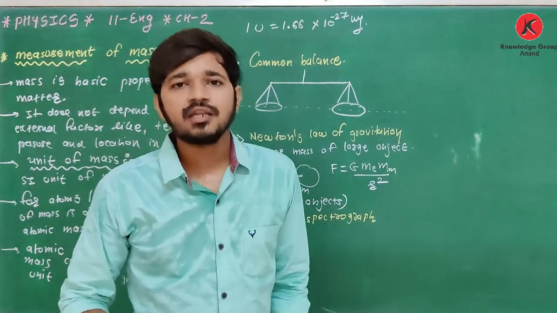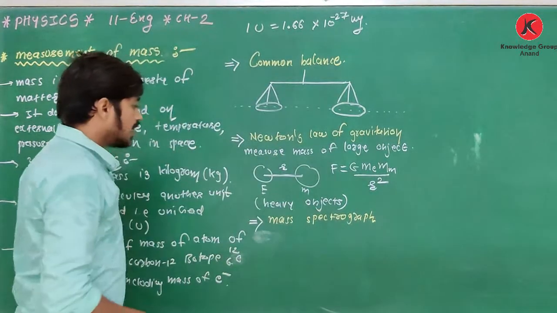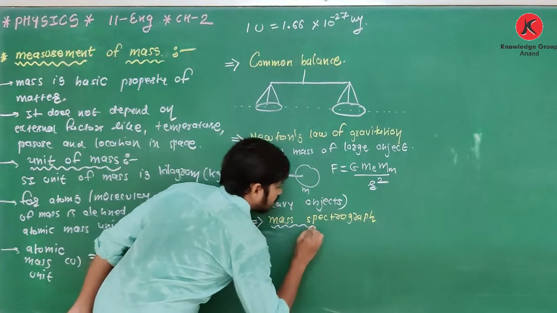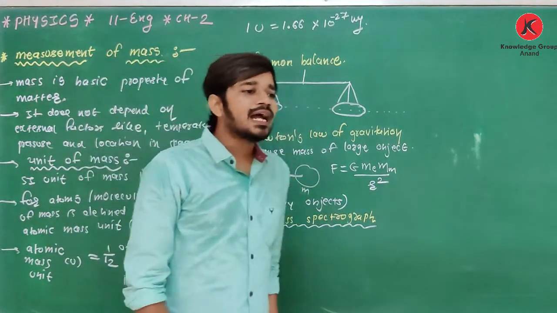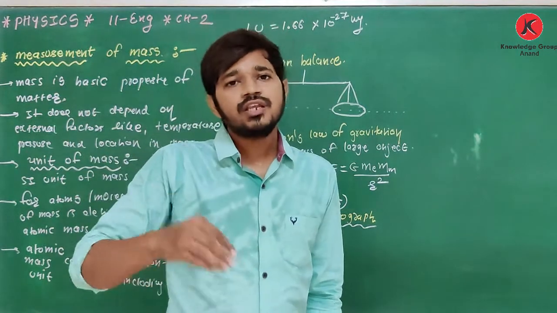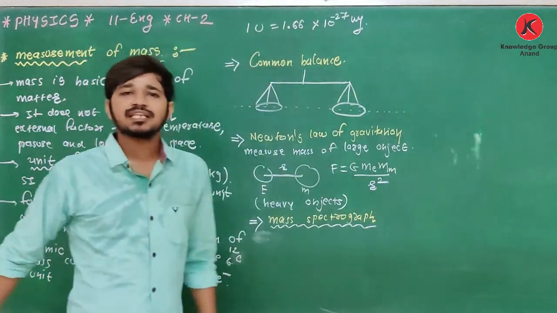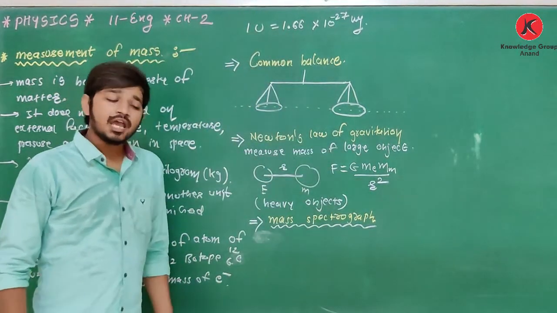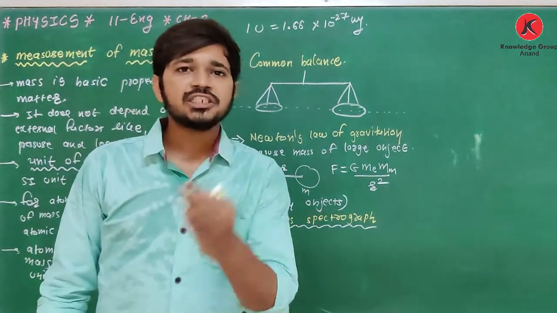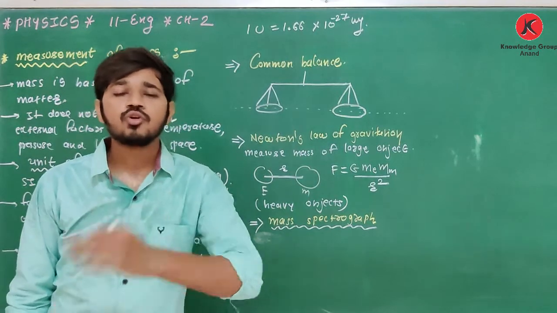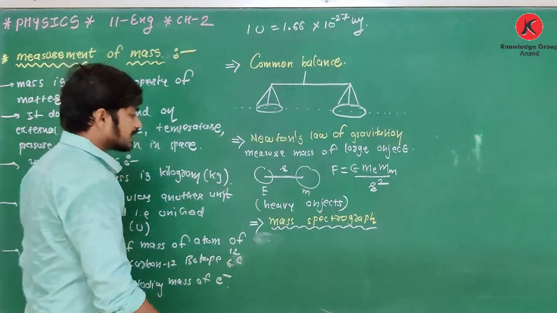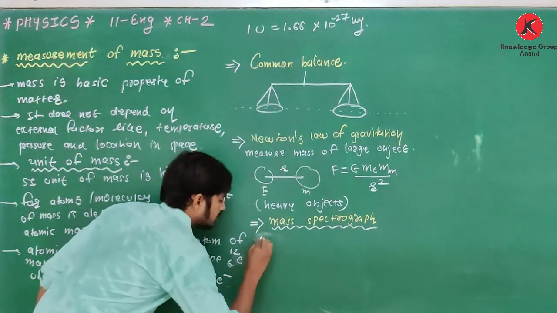Deflection of the charged particle depends on mass. So in mass spectrograph, according to that trajectory we can compare its mass. If the trajectory or deflection is more or less, we can assume its mass is more or less.